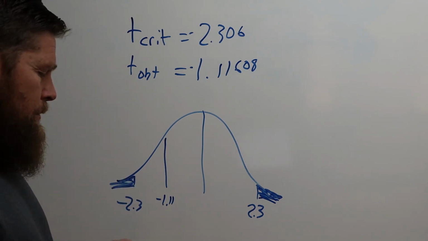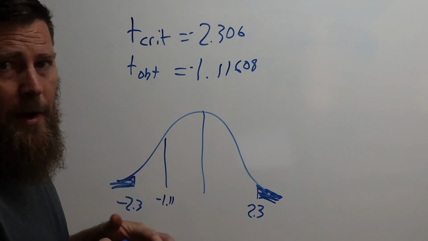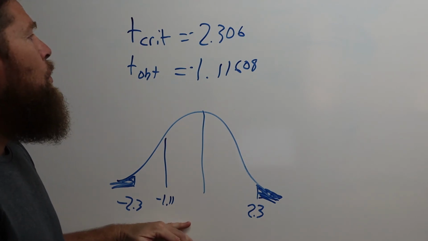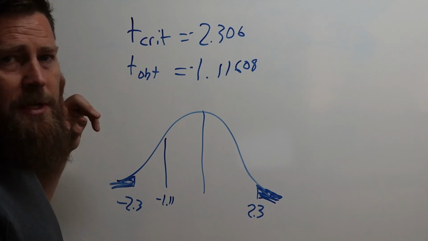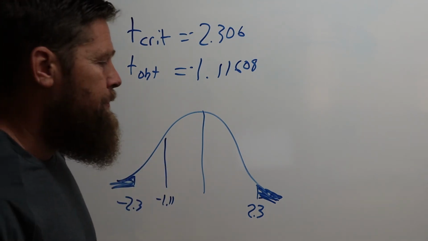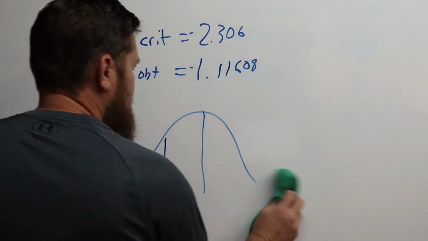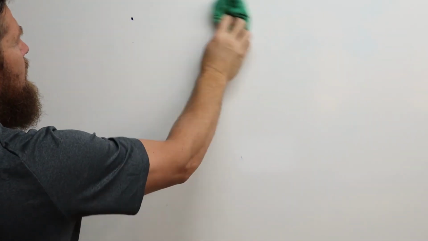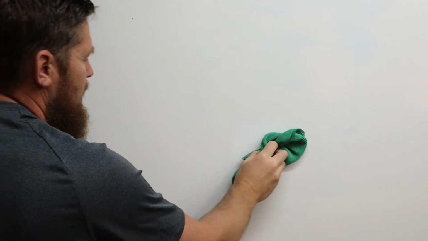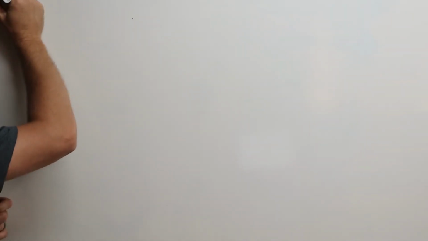How do we go about doing the 6 steps of hypothesis testing now? We're going to go through them all together since we have the T critical and the T obtained. Let's figure it out. Step 1 of hypothesis testing is to restate the question as a research hypothesis and a null hypothesis about the populations. So, step 1.